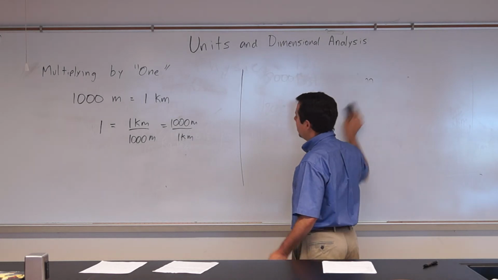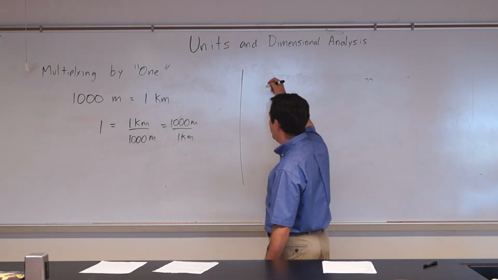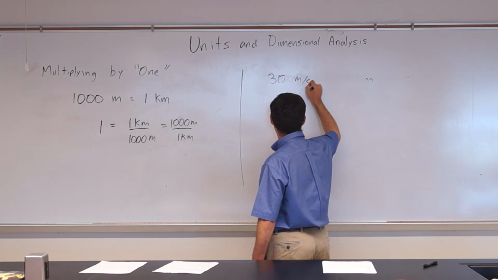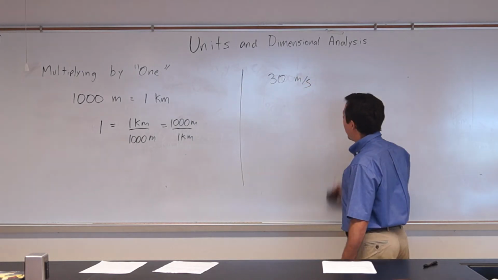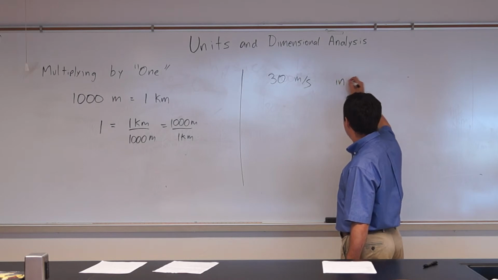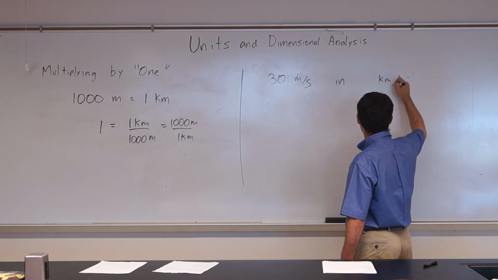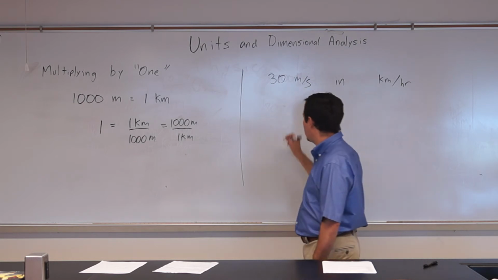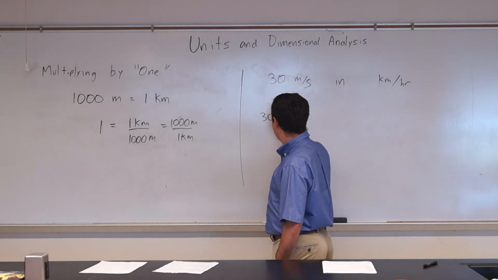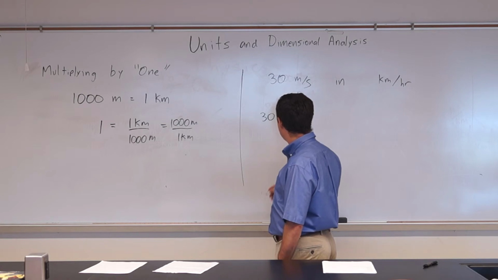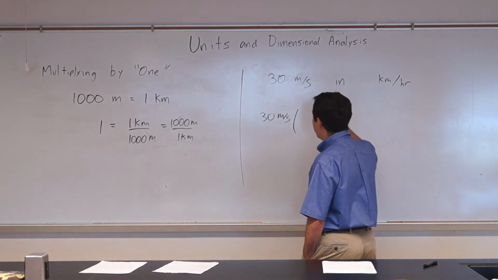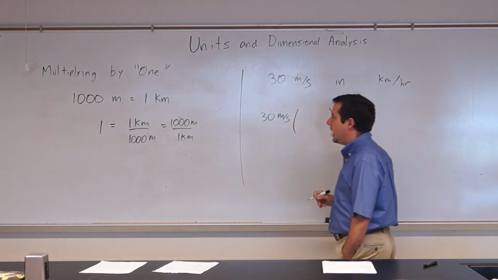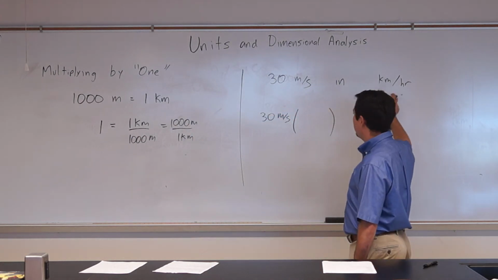And for this one, let's say that there's a car going at 30 meters per second. And we want to find out how fast that is in kilometers per hour. And we can do that with dimensional analysis. So we say 30 meters per second, and we've got to multiply that not just by one ratio, but by multiple ratios to get the correct answer in kilometers per hour.